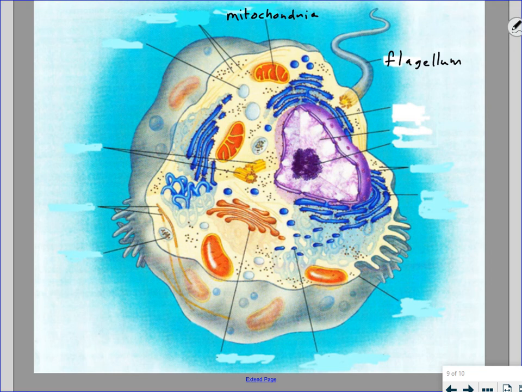All right. Moving on from there. This big purple thing, what's it called in general? It's the nucleus. Now this one here is just pointing to the outside of the nucleus, which is the nuclear membrane.